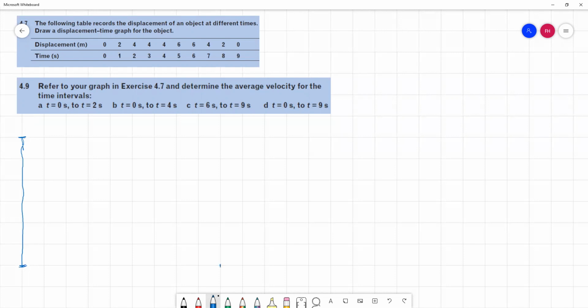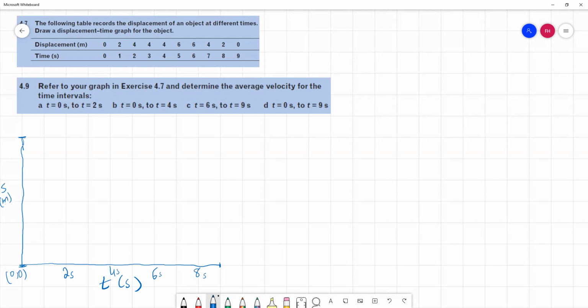This is 9. So this is time in seconds. This is displacement in meters. Then we have 2 seconds and 4 seconds and 6 seconds and 8 seconds and 9 seconds.